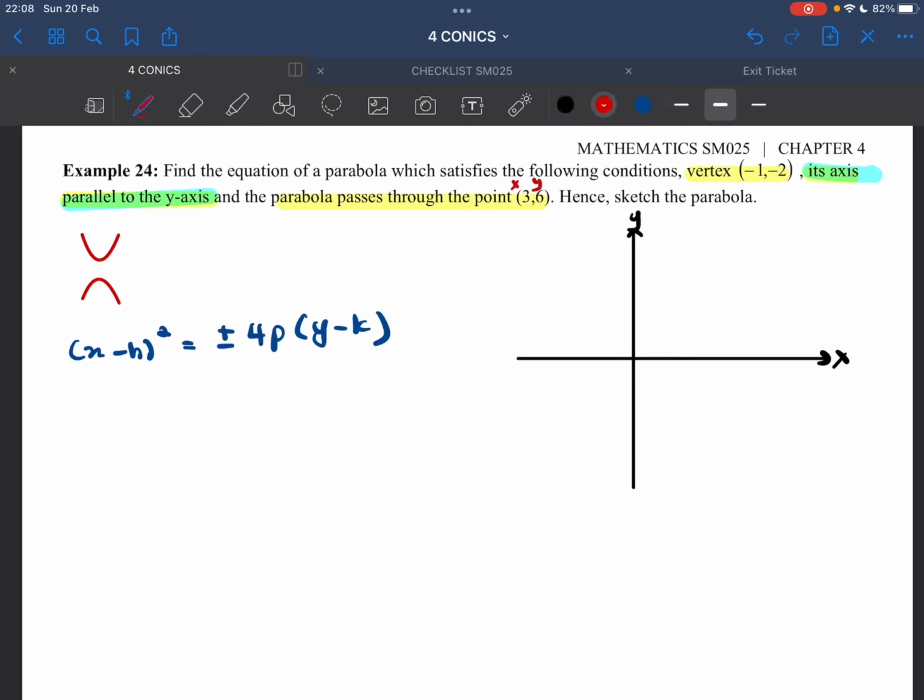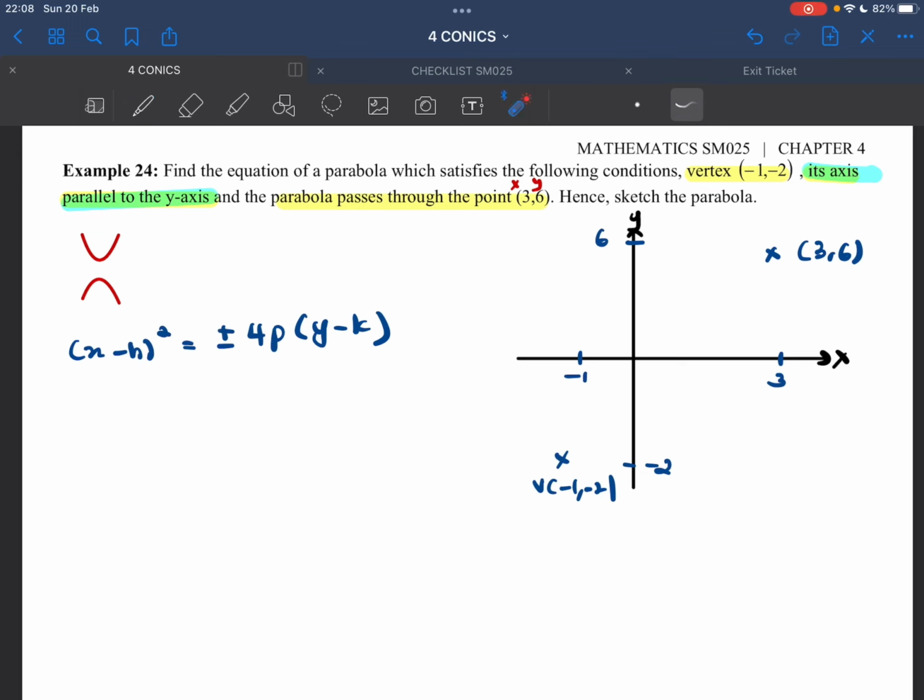Okay, so let's plot that coordinate, this vertex and this point here. So the vertex is at (-1, -2). So here is the vertex, and it passes through point (3, 6). This is 3, this is 6. So it passes through this point here.